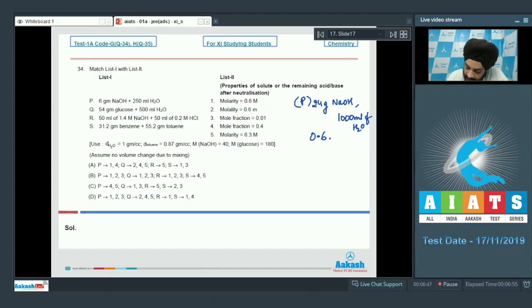Okay. So there are 0.6 moles in 1 liter. So students, the molarity for this solution will be 0.6 molar. So 1 will be a match.